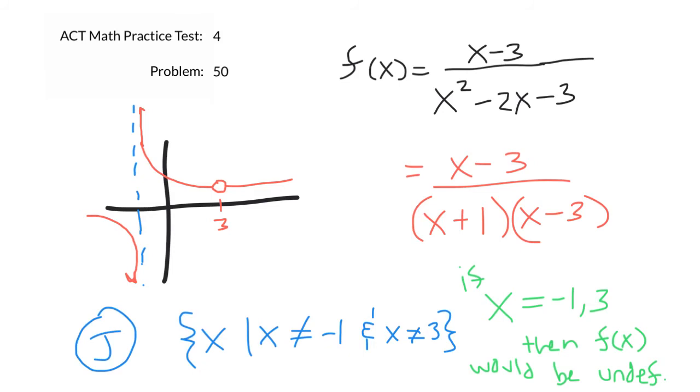So that's that. Now, some of you might be wondering, what if we could cancel these? Does positive 3 still count as one of the values that x is not allowed to be in the domain? If you cancel these, it could reduce to 1 over x plus 1.